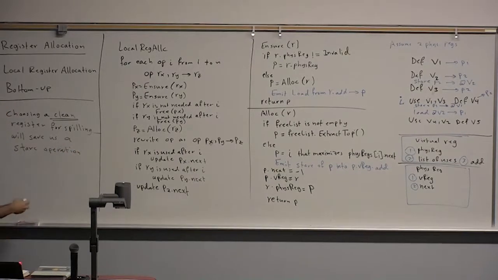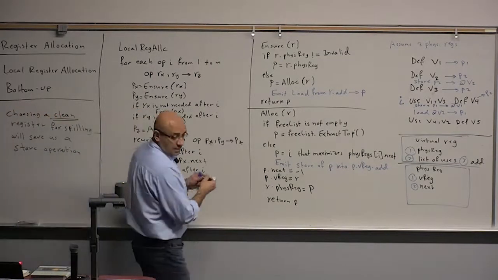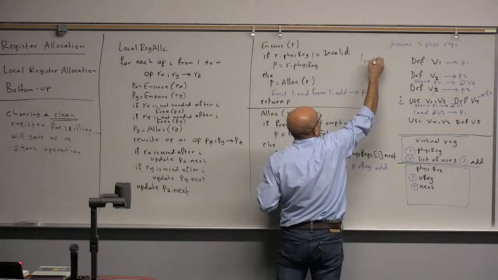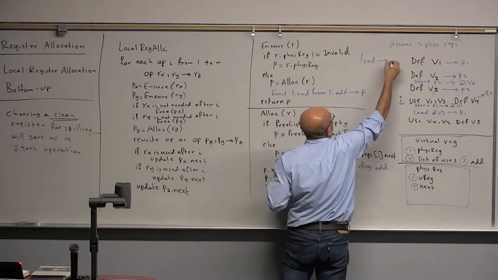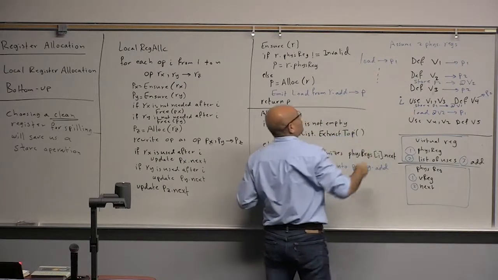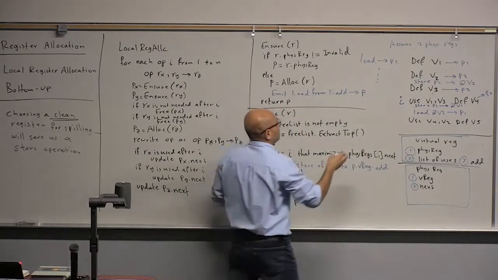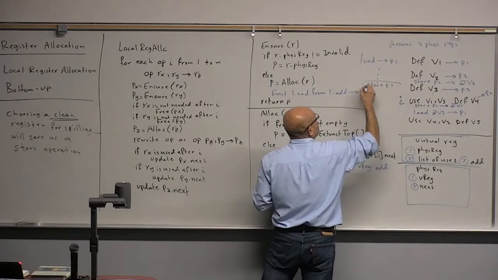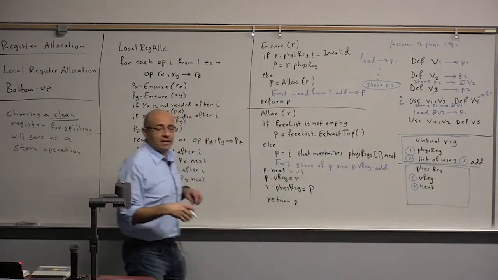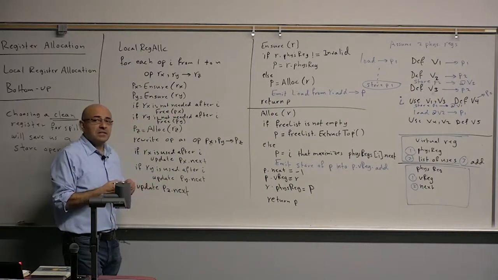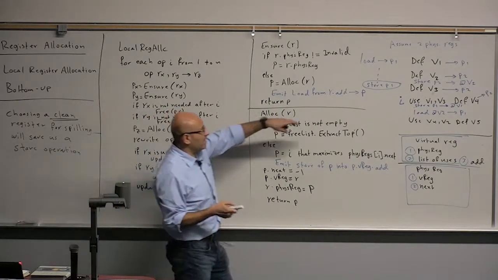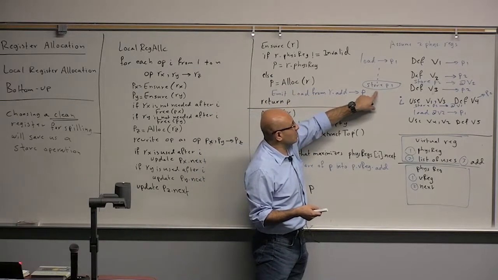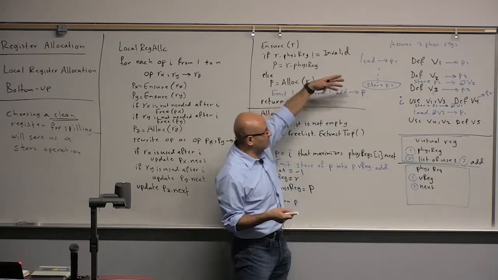So if there is a load, loading this register into P1, and then it does not get modified and we store it again, this store is a store that we can later identify as useless code, and we can eliminate it, as we said last time.